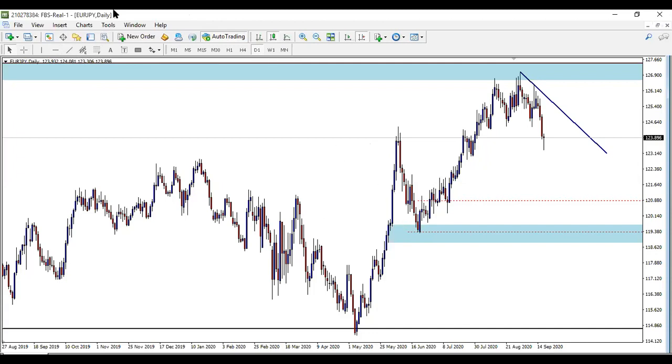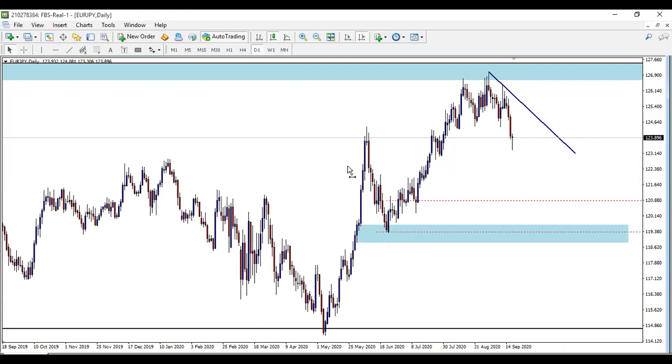So we had a trend line here. This is taken out by this, this, this.